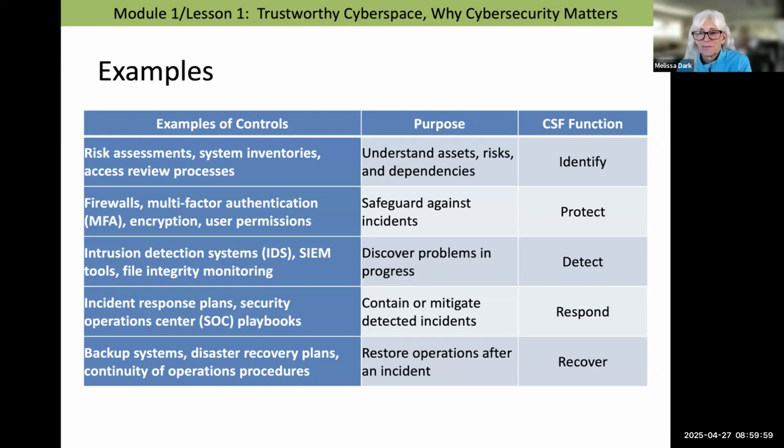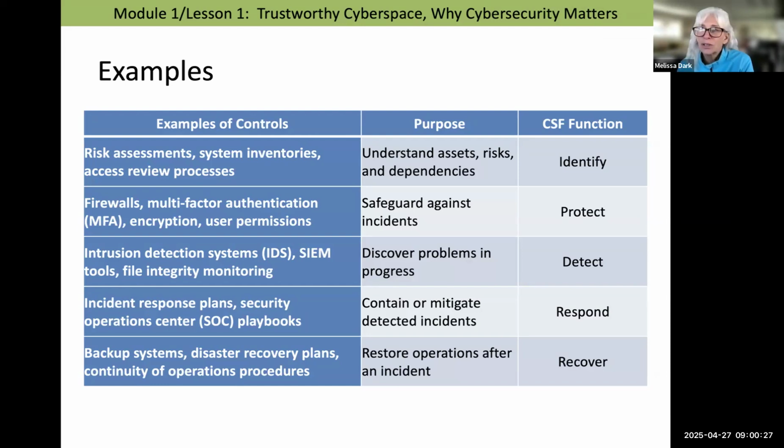The second function is protect, and this is safeguards against incidents, or countermeasures, we call them sometimes. And here are a couple of examples: firewalls, multi-factor authentication, encryption, user permissions. So I can tell you that in Module 2, Lesson 1, you're going to learn about the principle of least privilege.